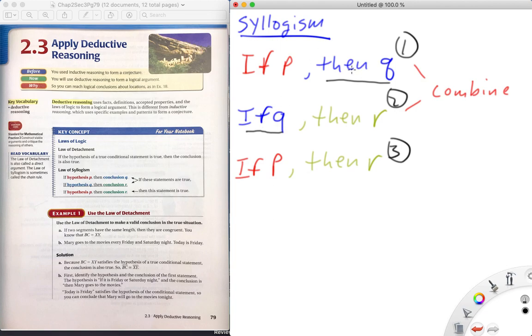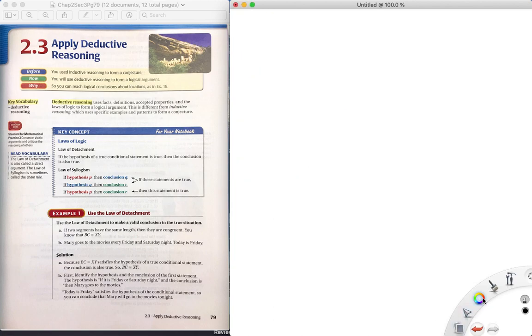The conclusion of the first conditional is the same as the hypothesis of the second conditional. And if the hypothesis of the second conditional leads to the conclusion of the second conditional, I can cancel these guys out. That can go, and that can go. What's left over is the hypothesis of the first conditional and the conclusion of the second conditional. I can combine those to create a third conditional. And that's the law of syllogism. We'll talk about logic notation in a second.